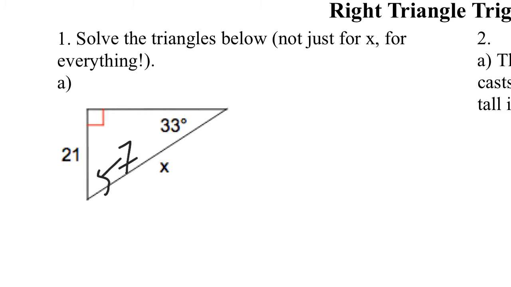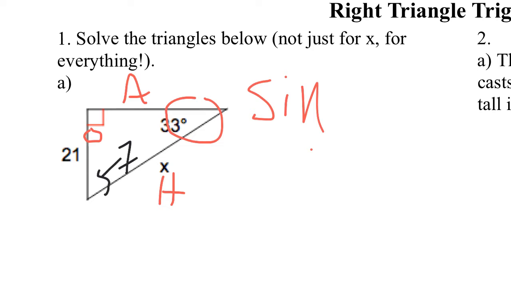I'll stick with the original angle that I started with, and from here, this is my hypotenuse. Here's my adjacent side. This is the opposite side. Since I'm looking for the hypotenuse and I have the opposite, I'm going to use sine. So sine of 33 degrees is equal to 21 over x.